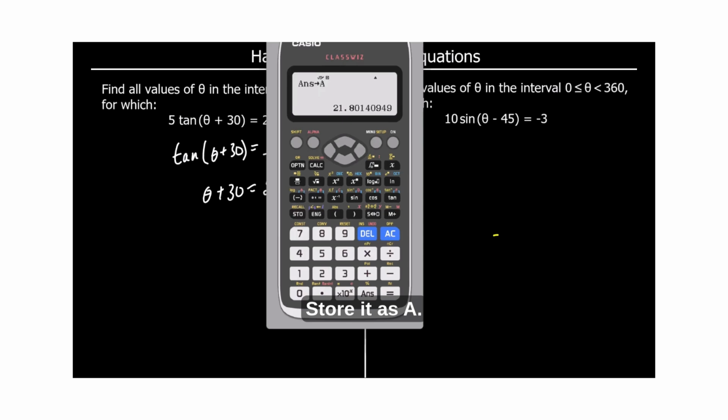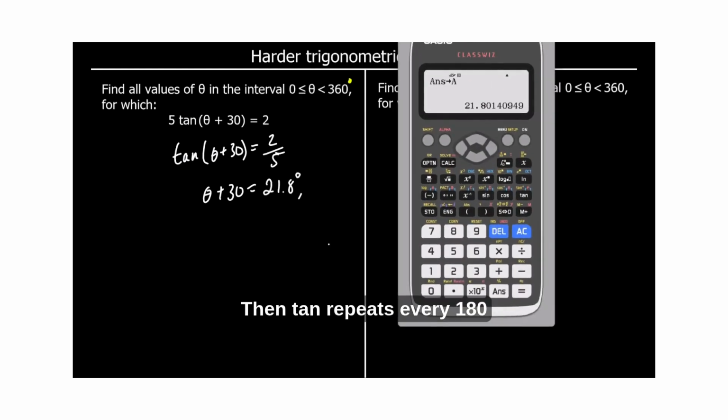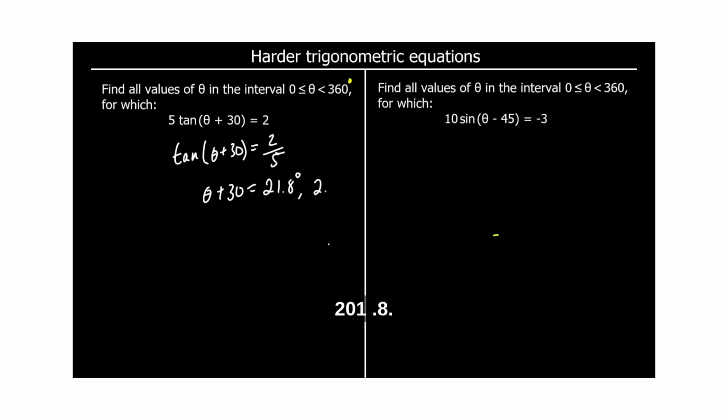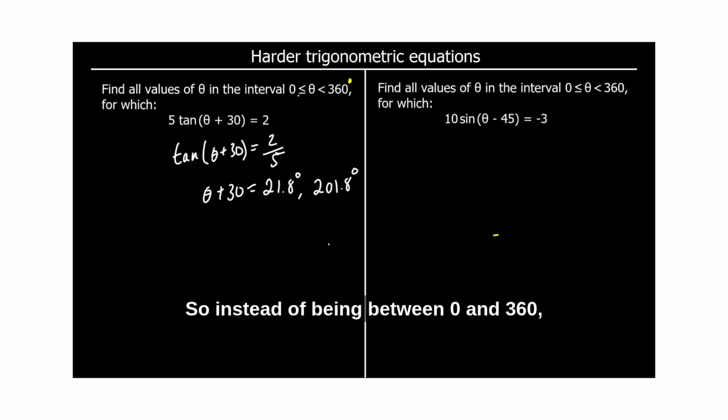Store it as A. Then tan repeats every 180 degrees. So to find the next answer, we just add 180 on, 201.8. These are theta plus 30. So instead of being between 0 and 360, we want between, well, we work out 30 to 390.